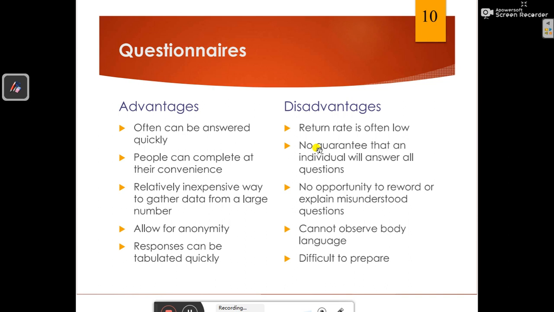And disadvantages are that the return rate is often low, because lots of respondents might not return your questionnaire. There is no guarantee that an individual will answer all questions.